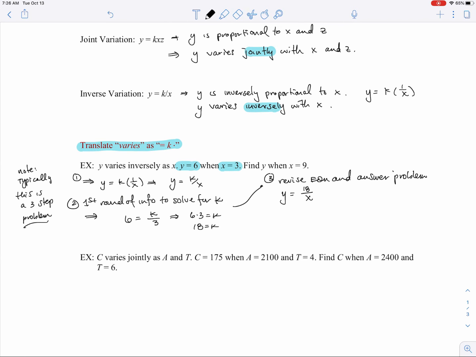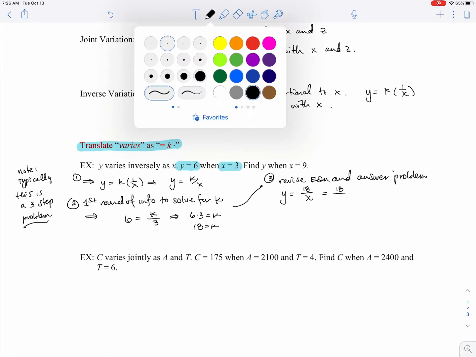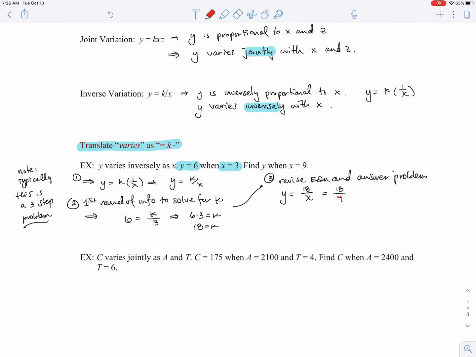And it says now find y when x is 9. Well, that's equal to 18 over 9 when we plug that value in, and what this reduces to is 2. So when x is 9, y equals 2. And there you have it in a little 3-step process.